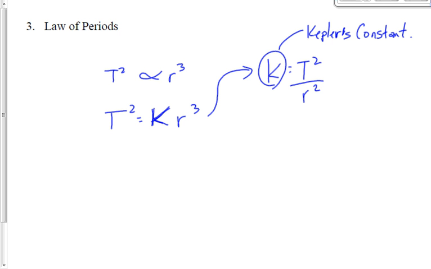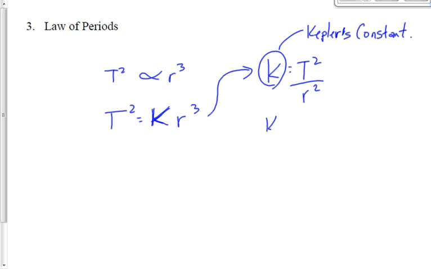So in other words, if you've got the Earth revolving around the sun, if you've got Jupiter revolving around the sun, if you've got Saturn revolving around the sun, and Mars revolving around the sun, then the value of K for the sun will be the same no matter which data we use, the data for which planet that we use.